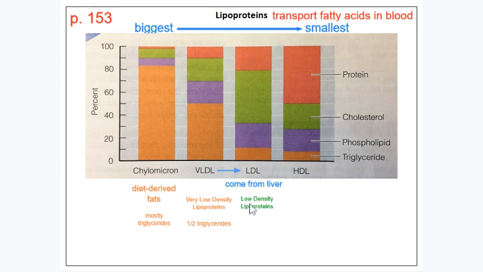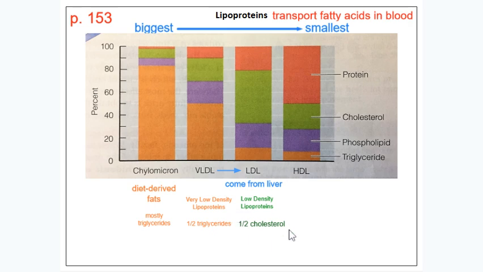And LDL stands for low density lipoprotein. They're still pretty low density, but they contain less fat, so they don't float up as high as your VLDLs. You don't need to know that. That's just where they get their name. So LDL, low density lipoproteins, and if we look at the colors here, they're about half cholesterol. And your body needs cholesterol for stuff, but if you have a lot of LDLs floating around, it sometimes can be a reflection of maybe your body making too much cholesterol.